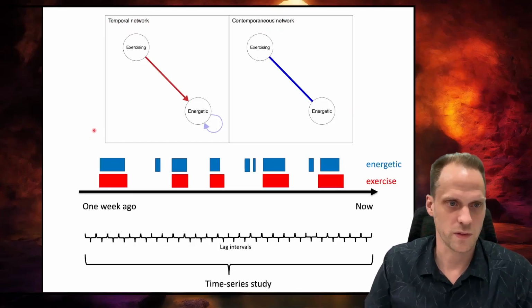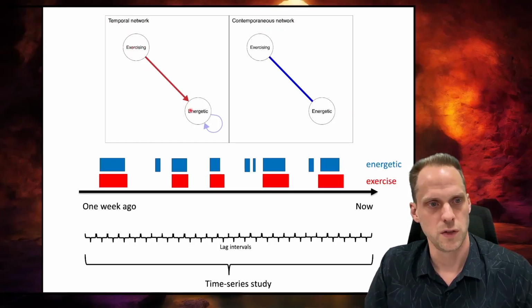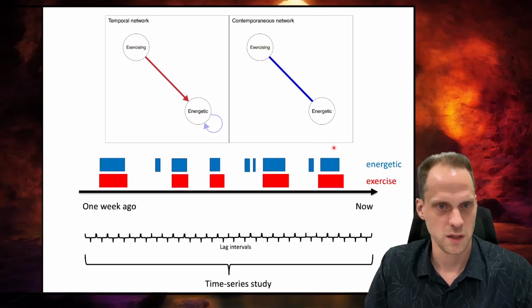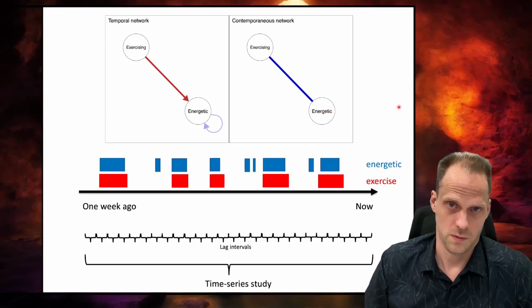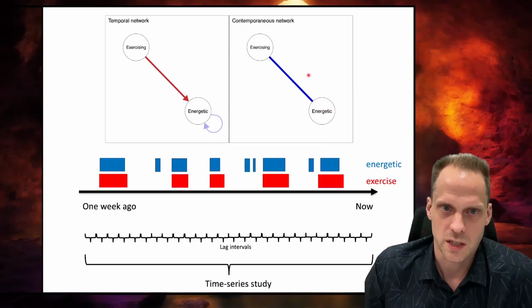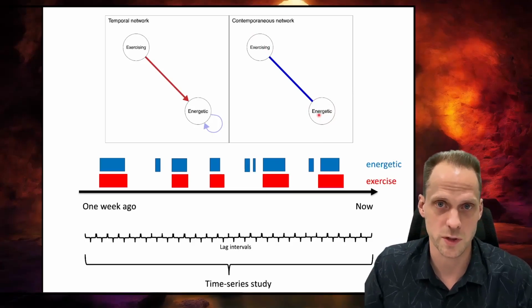So for example, we might find something like this. Whenever a person is exercising, 3 hours later, that person is less energetic. But while the person is exercising, that person is more energetic. Does that make sense? Well, yes. I mean, while you're exercising, you're more energetic, right? Because you're exercising. Or maybe you started exercising because you're energetic.